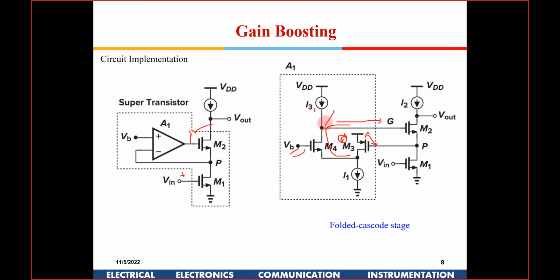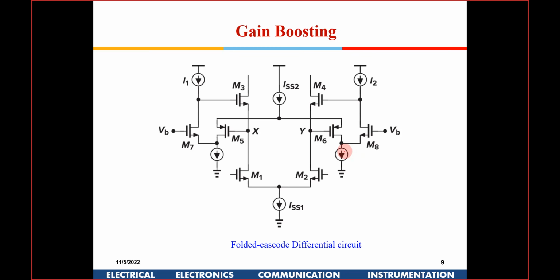So at this node we are taking the output, so whatever is the output resistance of M4 and I3, this is just passing this current, small signal current, to the top, right? So the gain will be the resistance of I3 in parallel to M4 and into GM3. Is it okay?